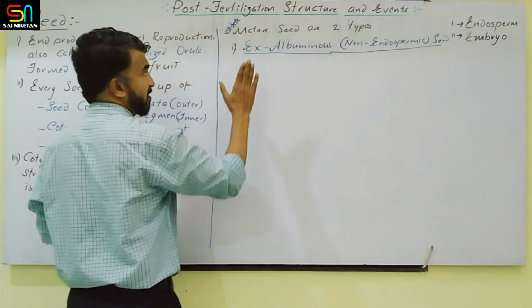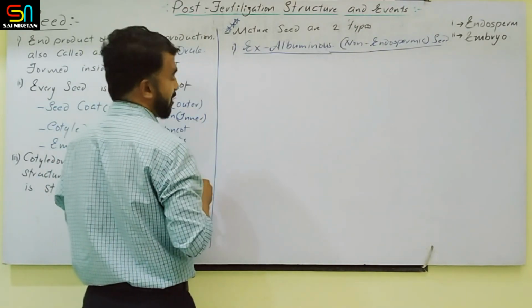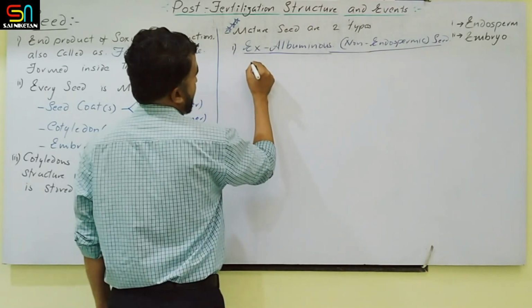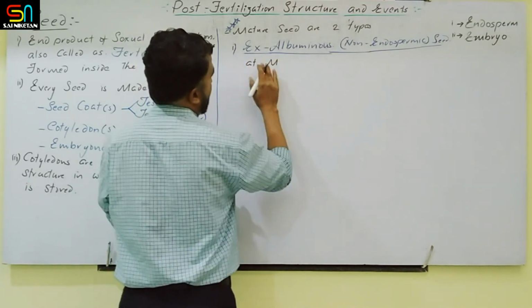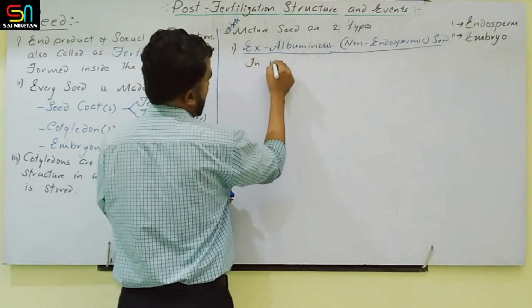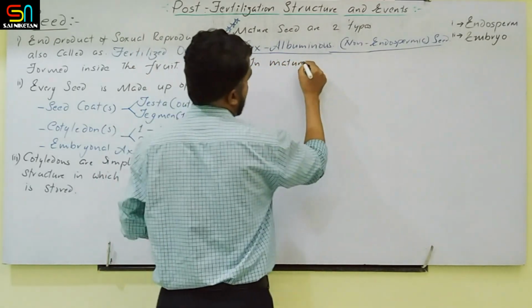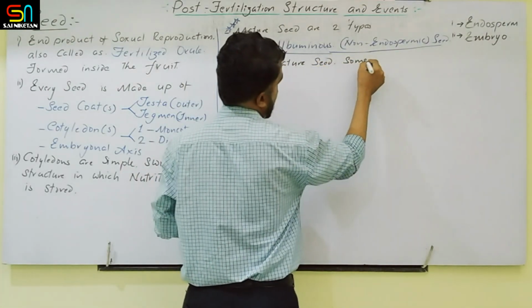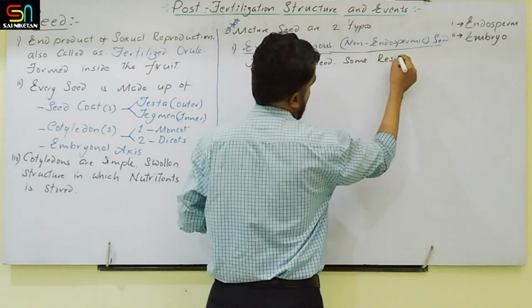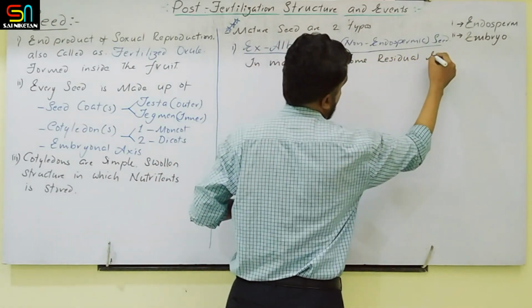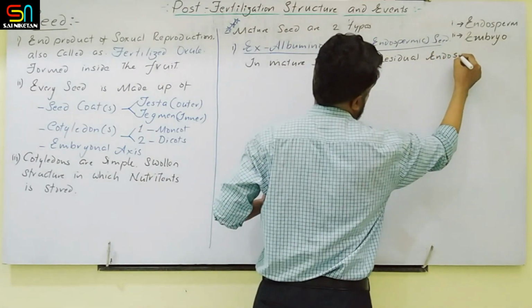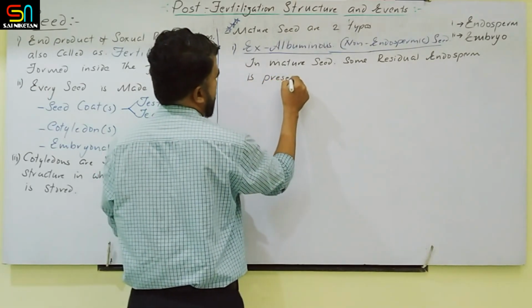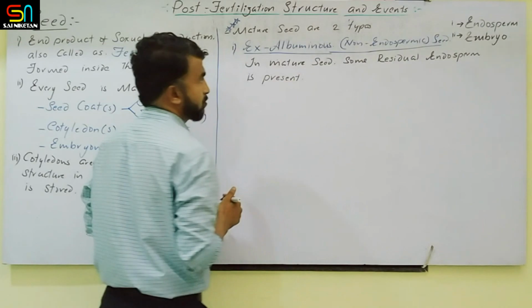So the seeds are exalbuminous; another is albuminous seed. Exalbuminous means in these mature seeds some residual endosperm is not present.